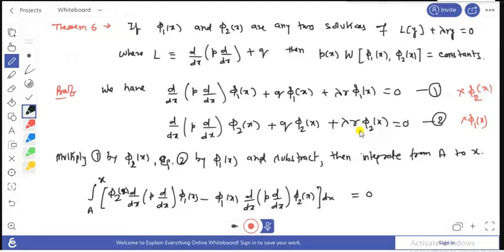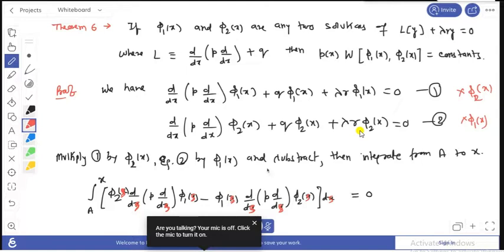Here this x is simply your s, so we rewrite it as a function of s. This equals 0, which means we have to calculate this term, and that equals 0.